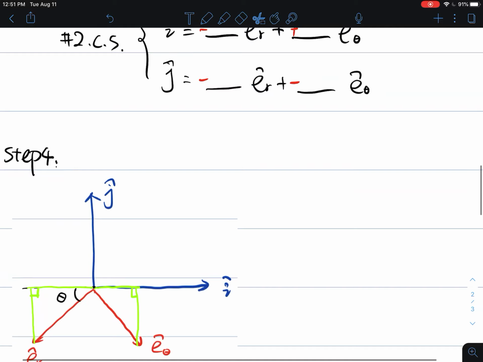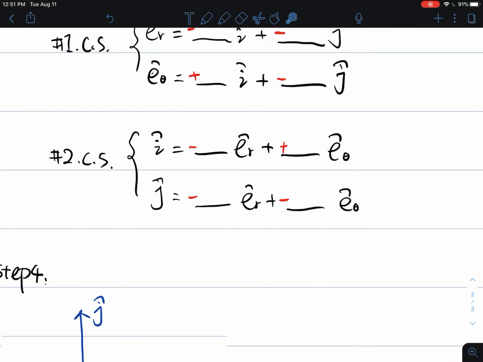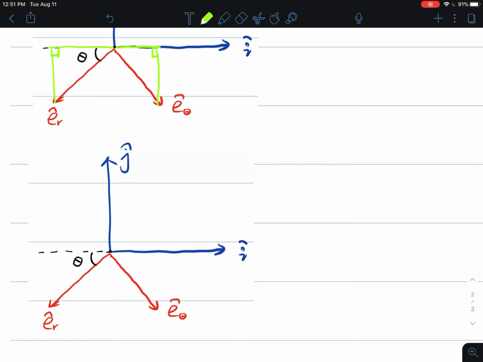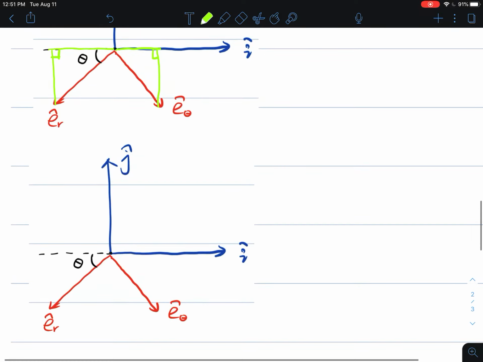Okay. So for the second coordinate system, we have I and J on the left hand side of the equation. So we want to use I and J as the hypotenuse. Right, so let's start with I. If we want to use I as the hypotenuse, we need to draw the other 2 edges parallel to ER and E theta.